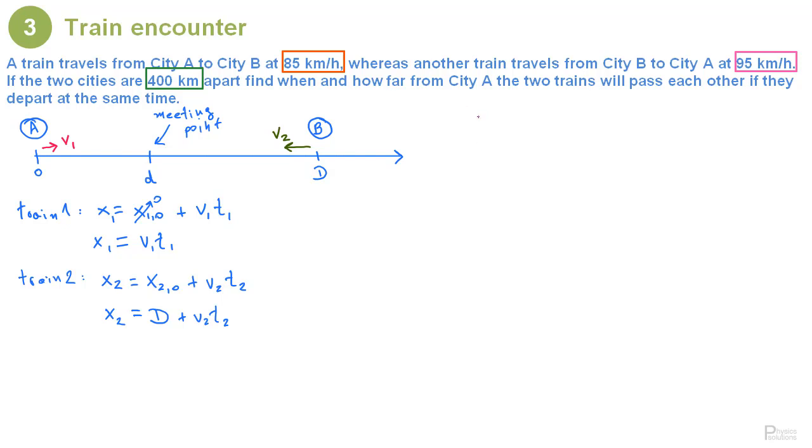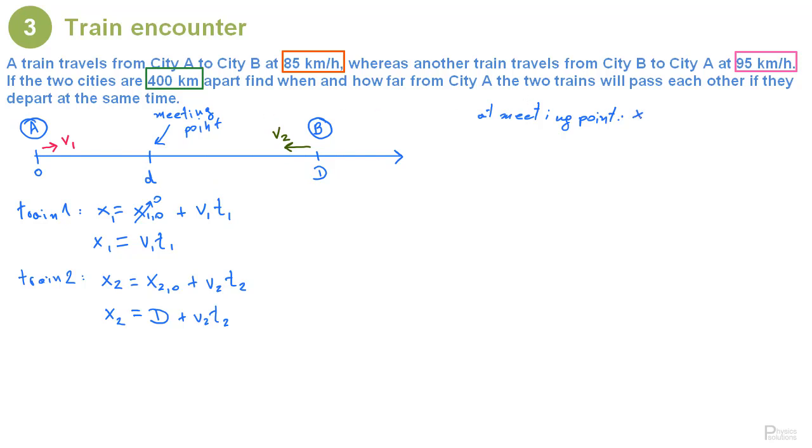Here we're going to write the conditions for this meeting point. At the meeting point, we need to set two conditions. The first condition is that we want the two trains to be at this point. That is the meaning of the two trains passing each other.